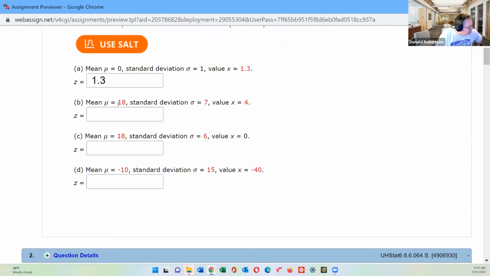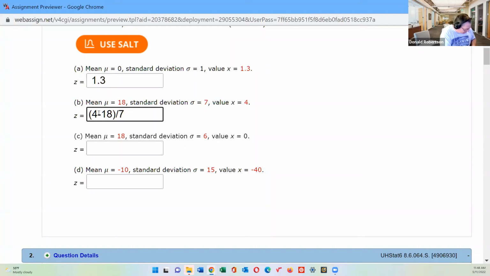Now, if the mean is 18 and the standard deviation is 7, and the thing they're calling value x, think of that as the score, then in this case it would be 4, take away 18, and then divided by 7. Now, if you're doing that in your calculator, it's a good idea to put those brackets in.